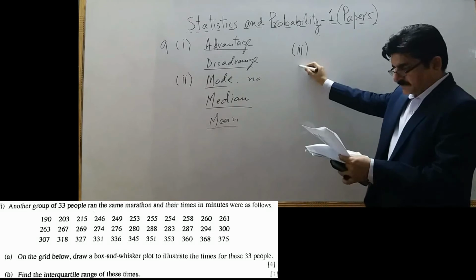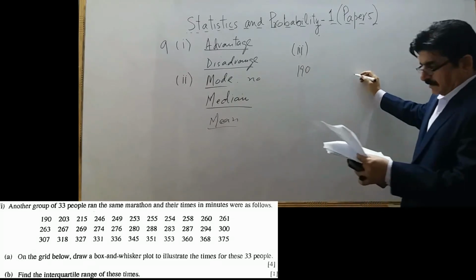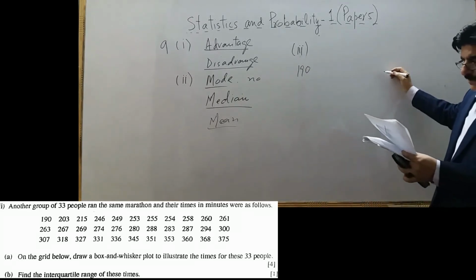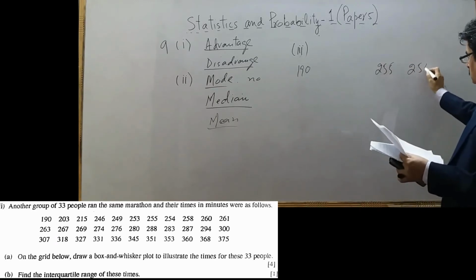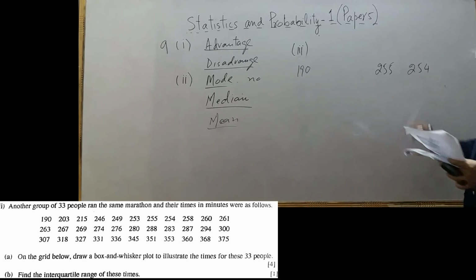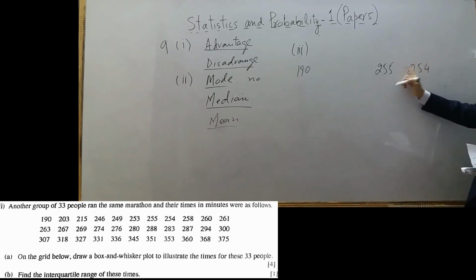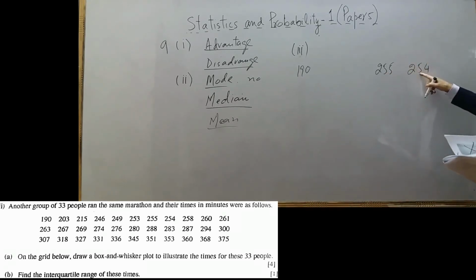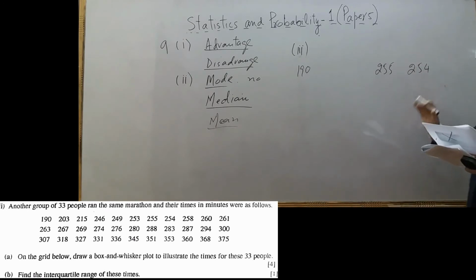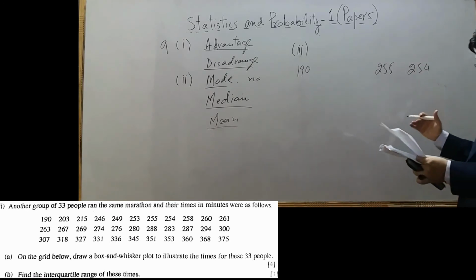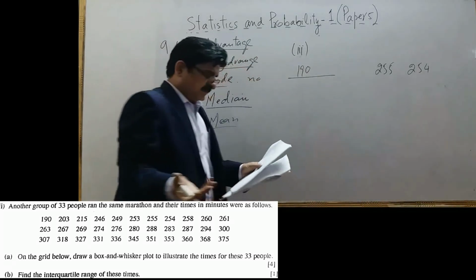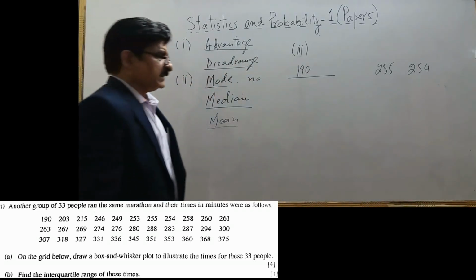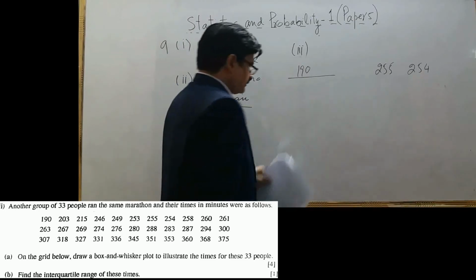In the first row, which starts from 190, all values are in ascending order except the values 255 and 254. Only these values are not in ascending order. This is larger and this is smaller. But all other values are arranged in ascending order. So it becomes easier to construct the stem and leaf diagram and box and whisker plot.